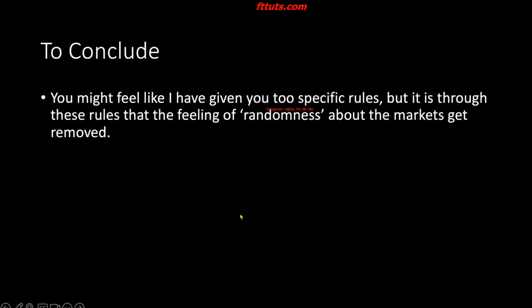To conclude, you might feel like I have given you two specific rules, but it is exactly through these rules that the feeling of randomness about the markets gets removed. Because by giving yourself first of all a structure through which you internalize price action, a lens through which you view the markets that is based along the first of all economic calendar, the environment, and then going down into the lower time frames to look for very specific characteristics of algorithmic order flow, you begin to see signs that repeat.